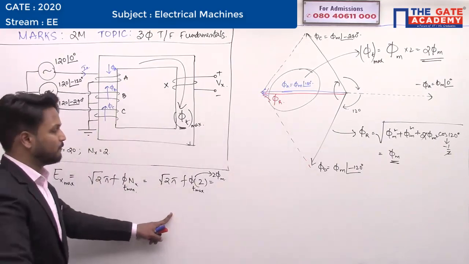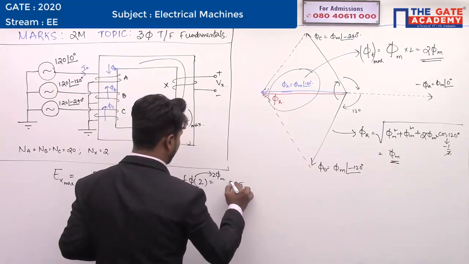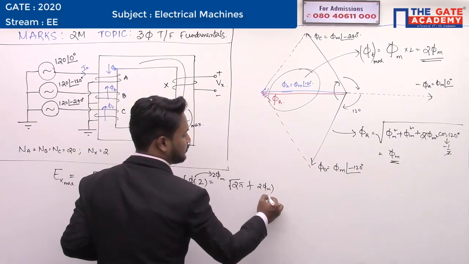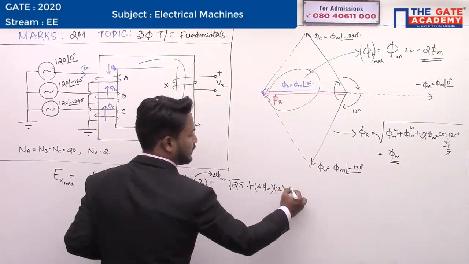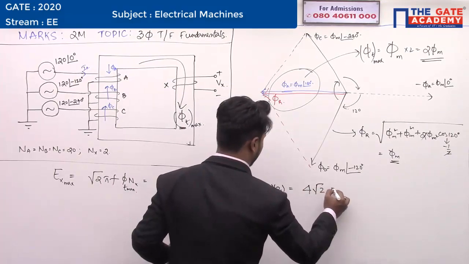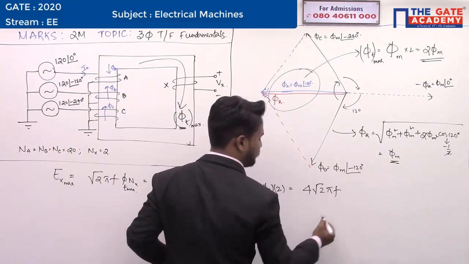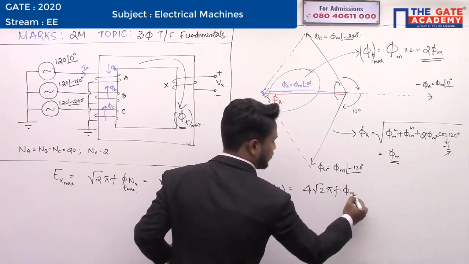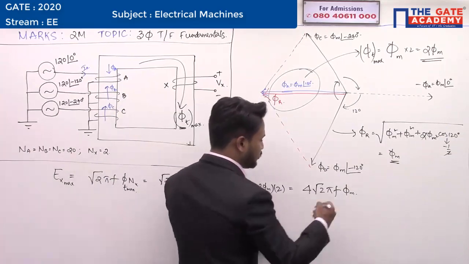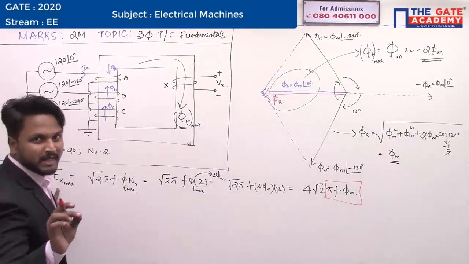Therefore this is equal to 2 root 2 pi f times 2 phi m, right? You can write it as 4 root 2 pi f phi m. So if you can find out the value of pi f phi m, you can find out the peak value of Ex, the maximum value of Ex.